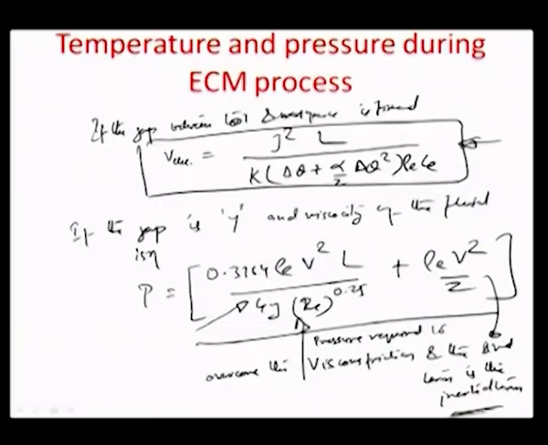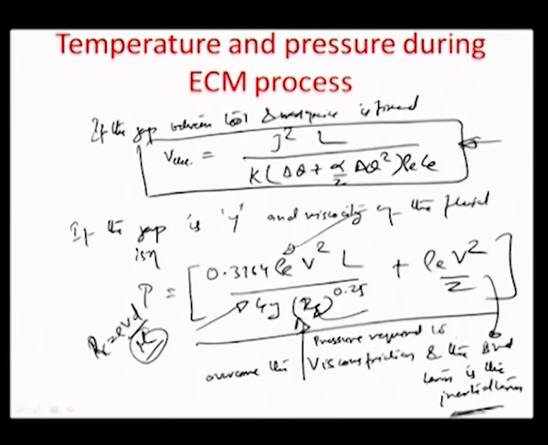The expression for the Reynolds number contains the viscosity, which is rho v d by mu. Because of this mu term, and because of the predominance of surface effects at low Reynolds number scales, this term may sometimes dominate and may be very critical for investigating the pressure in that small gap region of an electrochemical machining process.